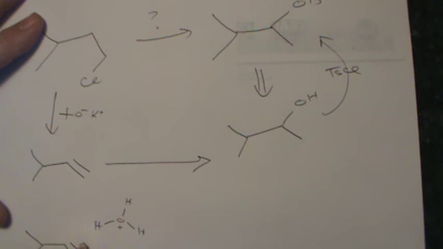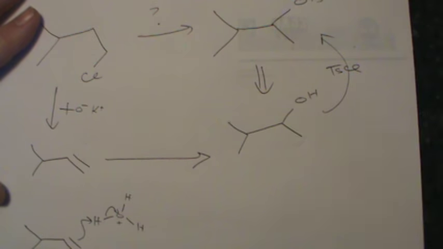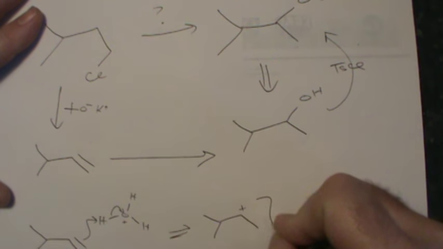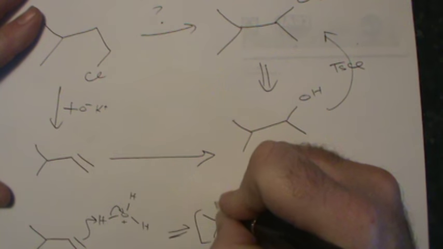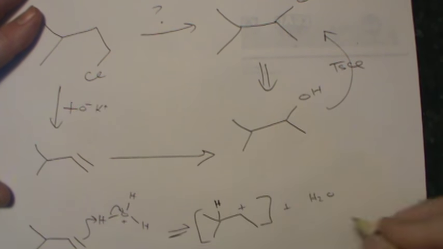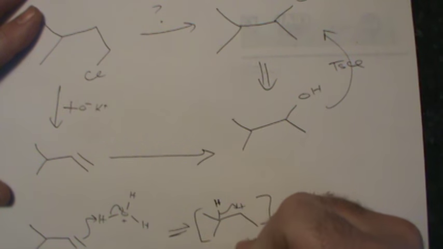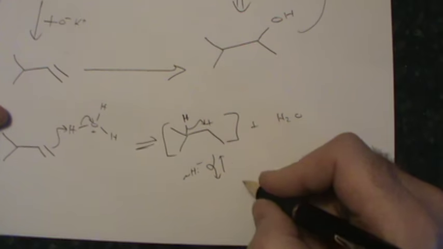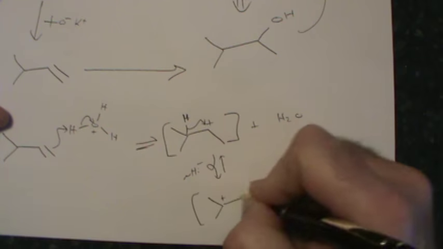So I want to have that, but if I just try to run a standard Markovnikov hydration, I'm going to produce this secondary carbocation, which will undergo a very rapid Wagner-Meerwein rearrangement because there's a hydride right next door, which can move to the secondary carbon, taking the 2 electrons with it, giving me a tertiary carbocation.